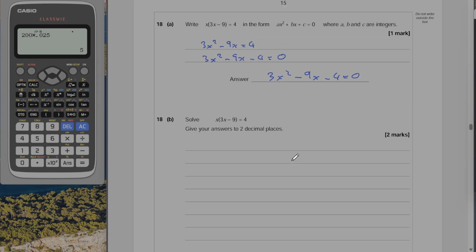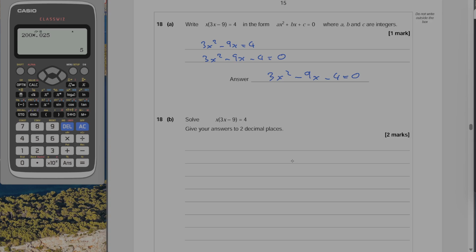Okay, solve, give your answer to 2 decimal places. So that implies that we are doing it using the formula, which is absolutely fine. Could complete the square, but it's not particularly what I want to do. Technically speaking, on the AQA course, completing the square with that x squared not being 1 isn't really a format that we use.